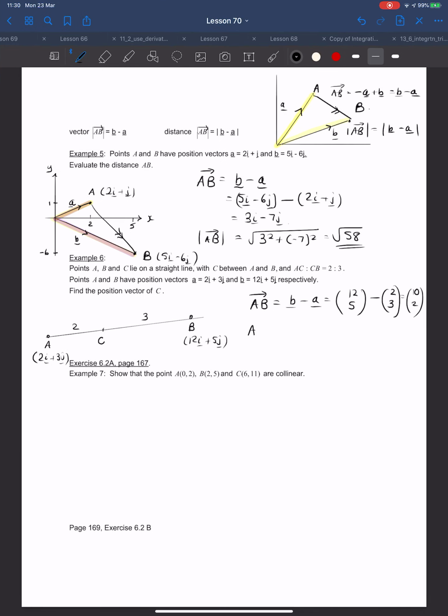So find the position vector of C. A to C is 2/5 of A to B. So it's 2/5 of 10, 2. So that's actually 4. You do 2/5 times 10. You can think of it as 0.4 times 10, and 0.4 times 2 is 0.8.